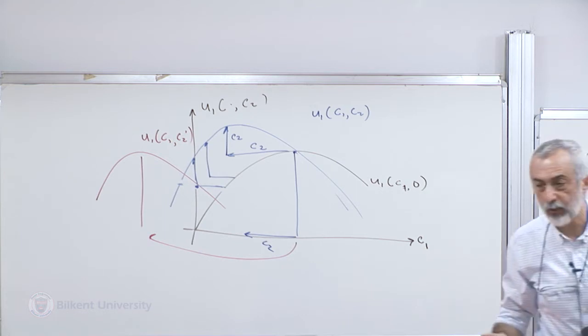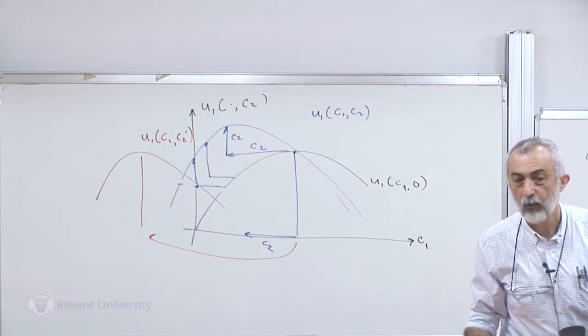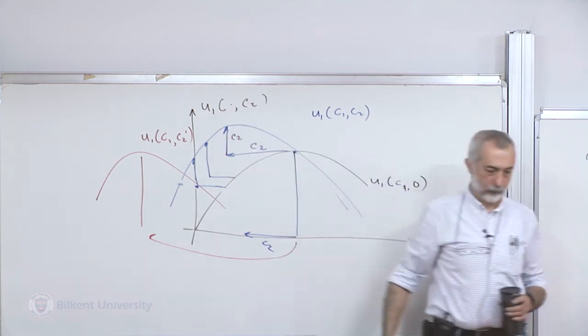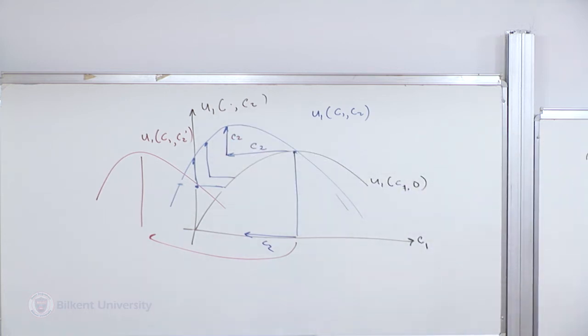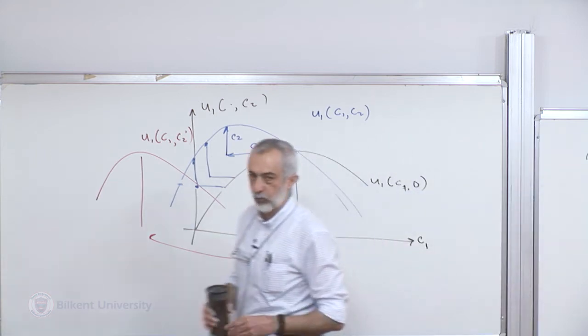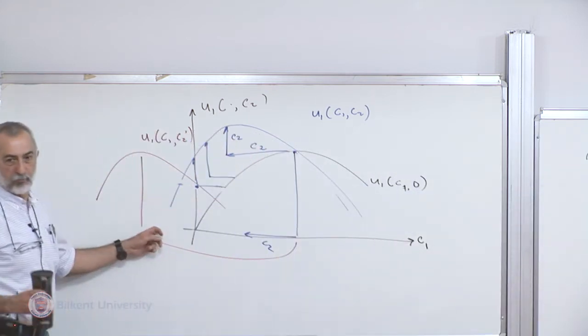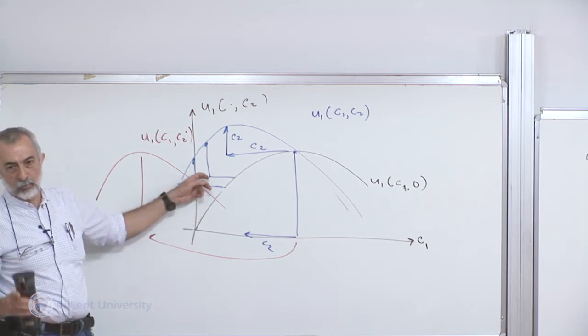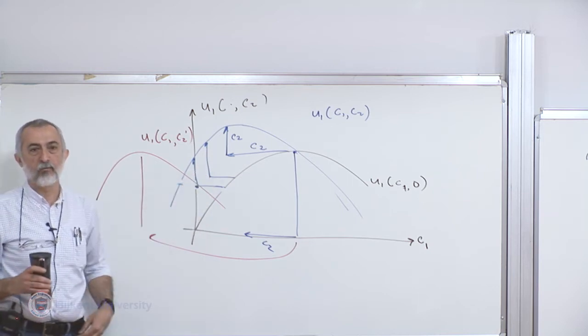If the maximizer, the point where the first derivative is equal to 0, is negative, it means that the best response is going to be 0. What else can we say?